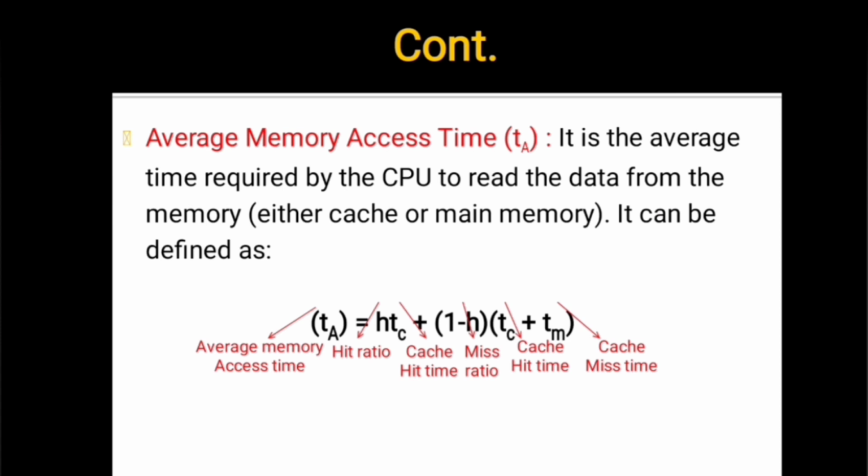Cache hit time, because of the time required to search the data in the cache memory, but the data was not found, and now the data will be searched from the main memory. Hence we are adding both these components, that is cache hit time plus cache miss time. So this total quantity will give you the average memory access time.